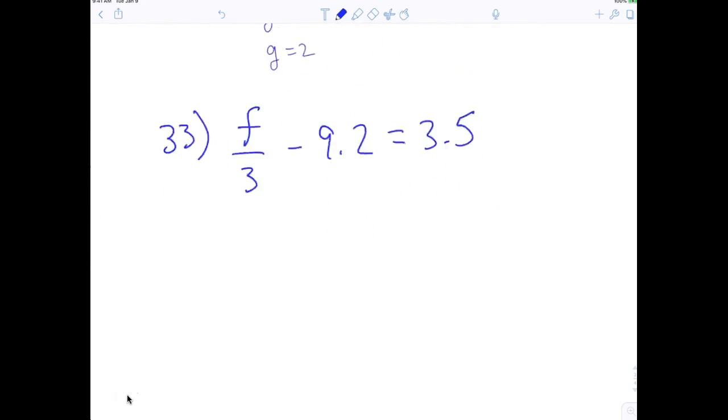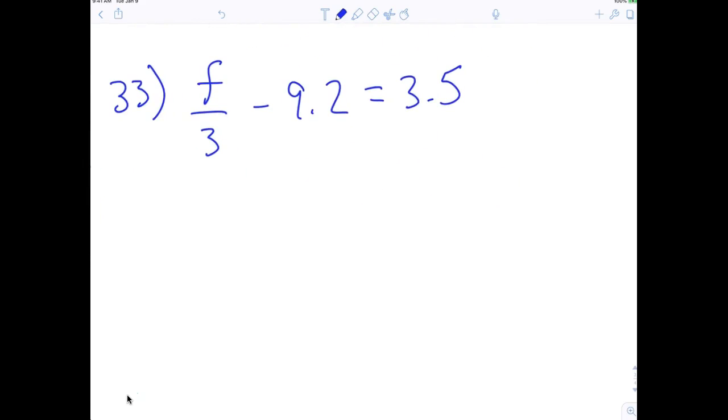Yosef, what do I do first? Plus 9.2. Tell me what that is. 9 plus 3. There you go. And 0.5 and 0.2, 0.7. Yes, there you go, buddy.